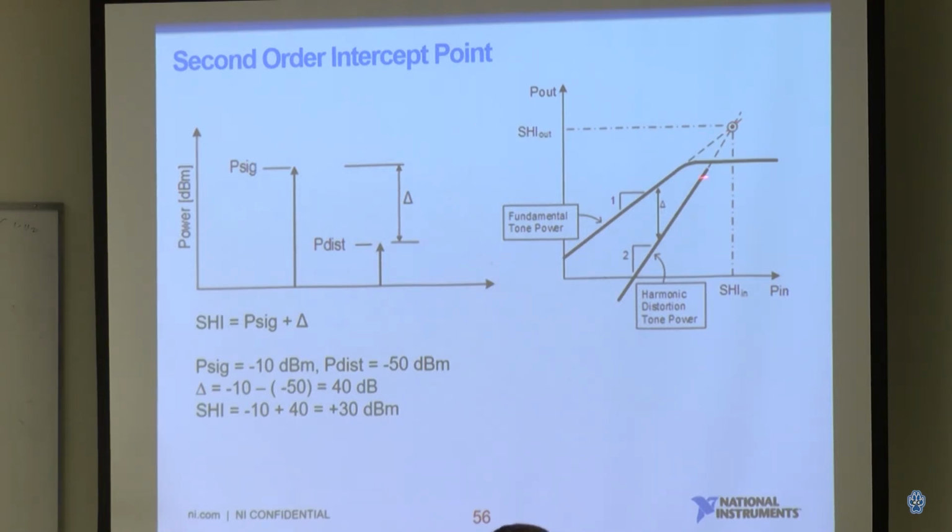You see this chart, when your input is going higher and higher, your system will eventually compress. So if the intercept point is far away, that means your system starts to distort only at a very high input power level. So your system can be linear over a higher power range. It's a parameter that tells you how linear your system can go.